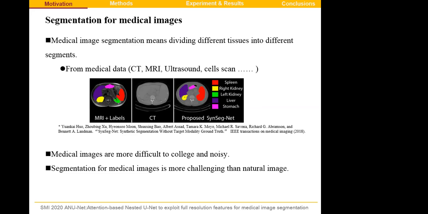In medical image segmentation, different tissues have similar image properties, such as threshold, contrast, or HU values, and these properties are divided into different segments. Due to the particularity of medical images, compared with natural images, medical images have characteristics such as great unevenness, large contrast changes, and noise.